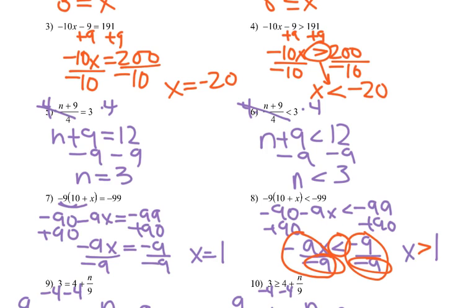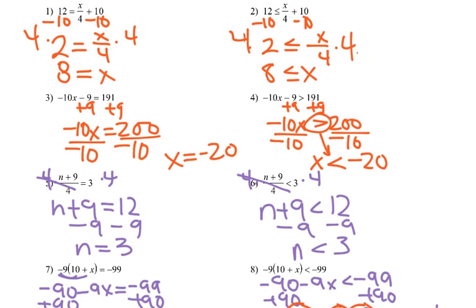Okay, and that has to do with the fact that when we're multiplying or dividing by negatives, okay, we've got a number line here. If we multiply by a negative number or divide by a negative number, if I started with a positive number, it becomes negative.